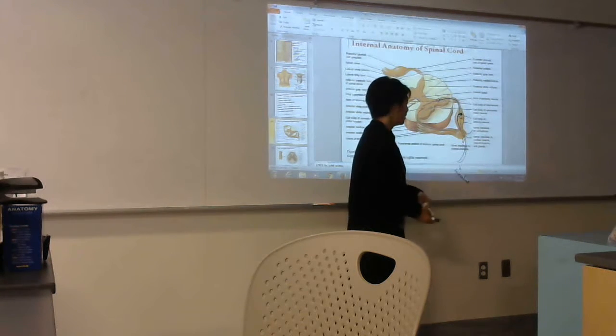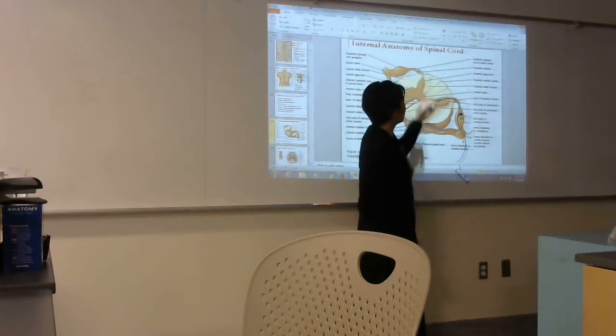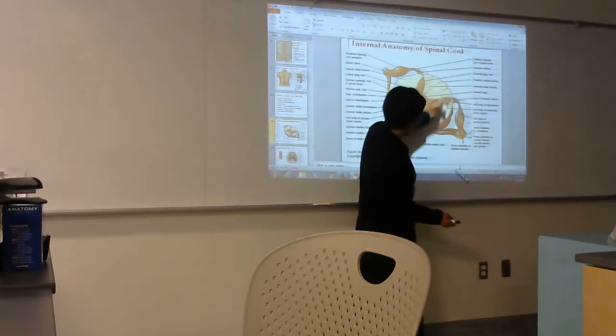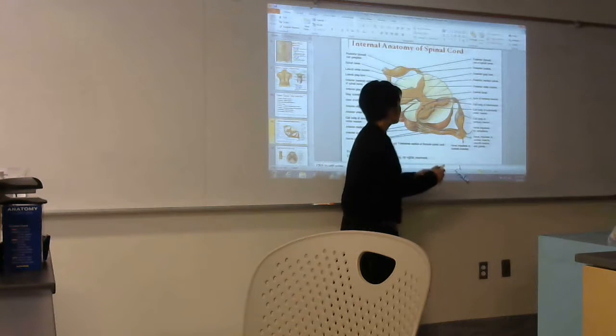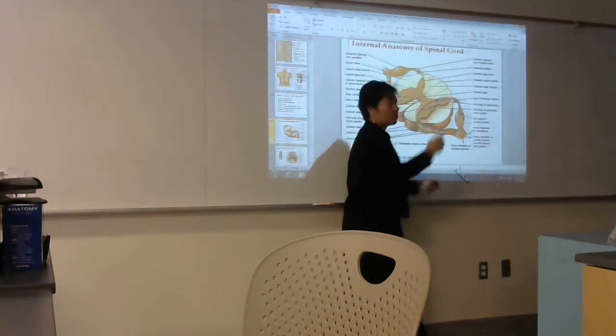Okay? So how is it going to go? It's going to go up. It's going to synapse with the next neuron, and it's supposed to go up. So it's going to synapse with the cell body of the next neuron, dendrite cell body of the next neuron. And this one is supposed to go up, okay?